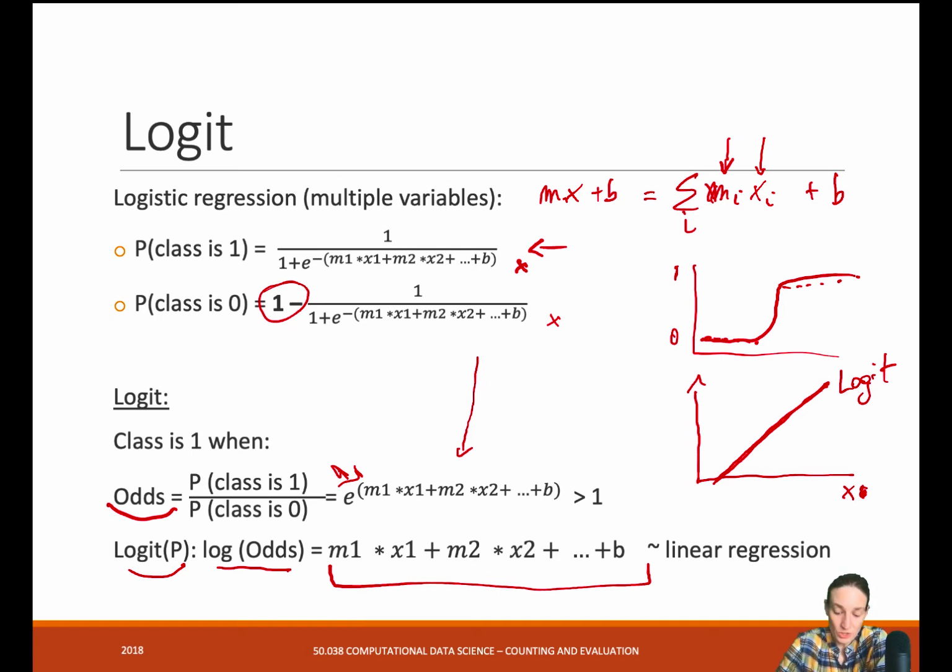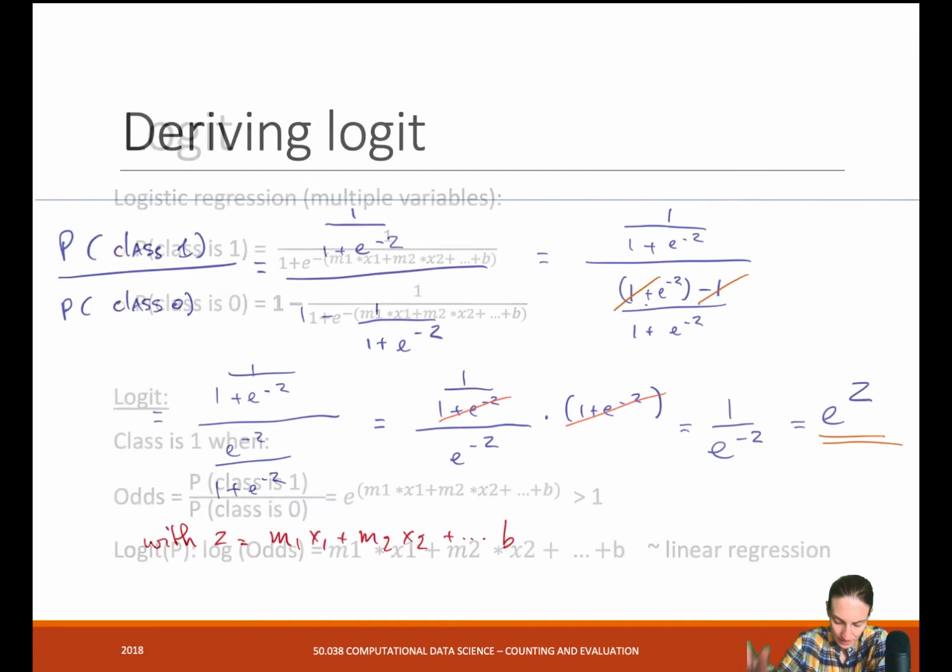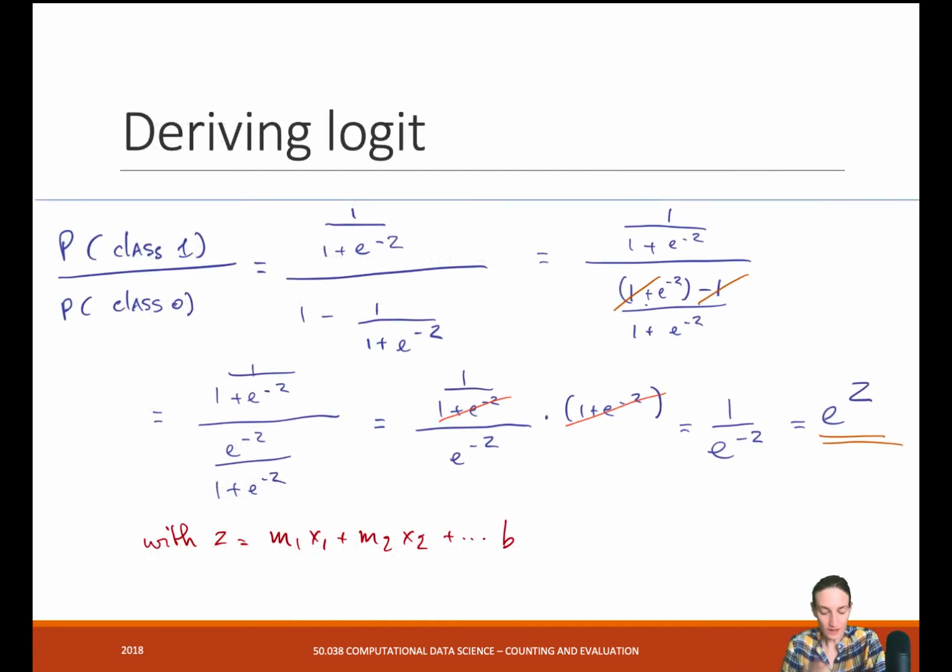So how do we actually get to this equation here? Let's take the odds. The odds are the probability of it being class 1 over the probability of it being class 0, that's p class 1 over p class 0.